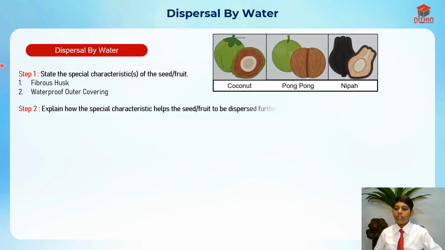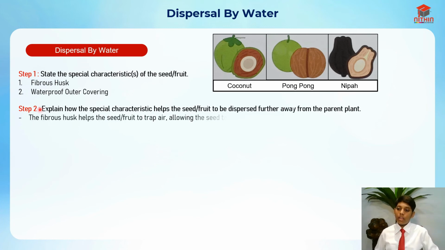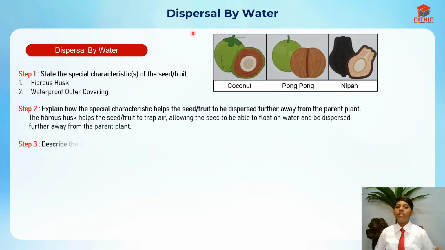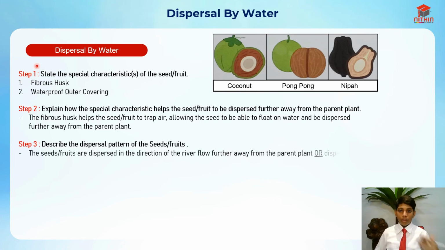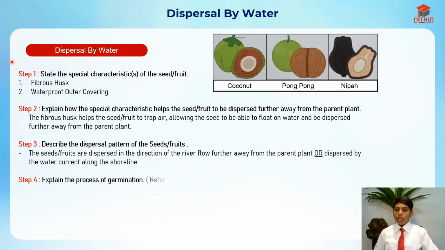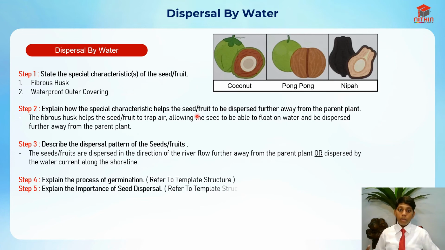Like I said, the fibrous husk traps air, allowing it to float, and the waterproof outer covering gives water resistance so that it does not absorb water and sink down, instead it floats. I hope you still remember what I said verbally, and you have to keep that in mind. That's why when you're writing all these steps, you can actually remember everything.